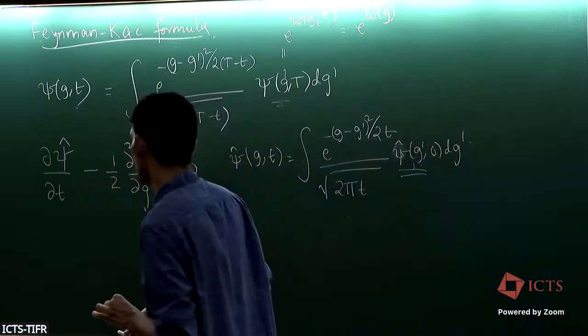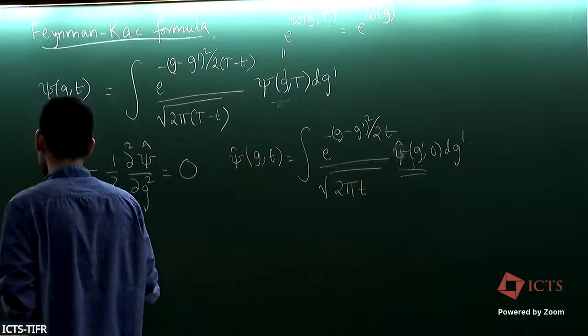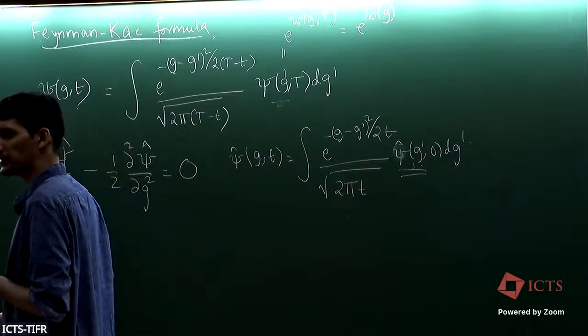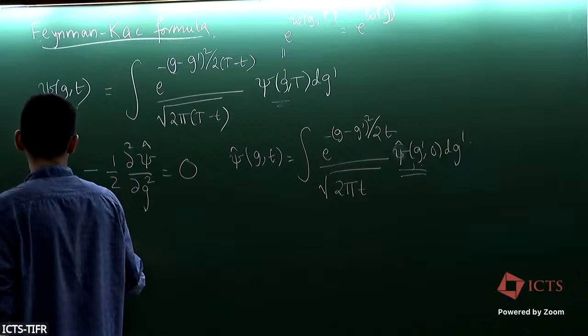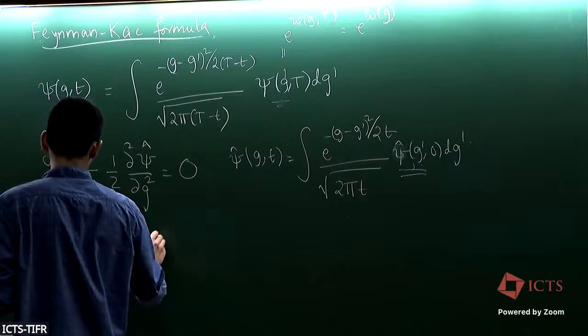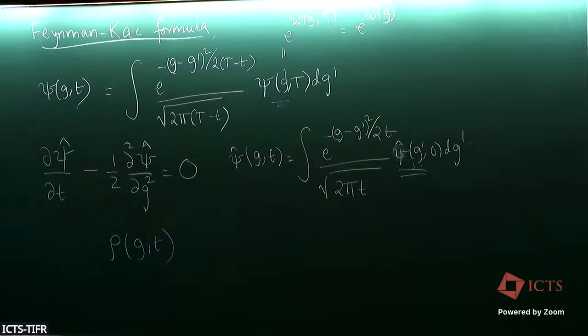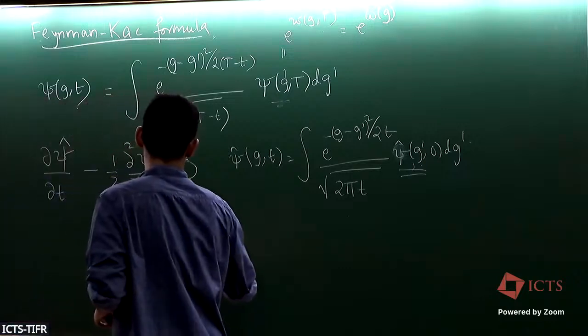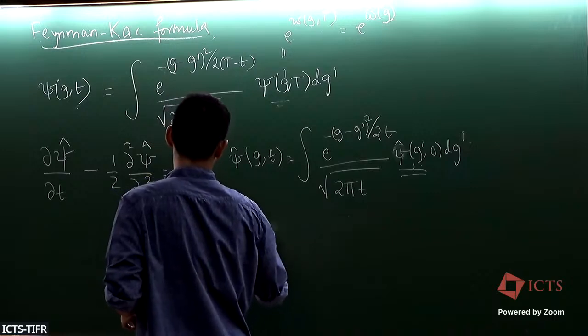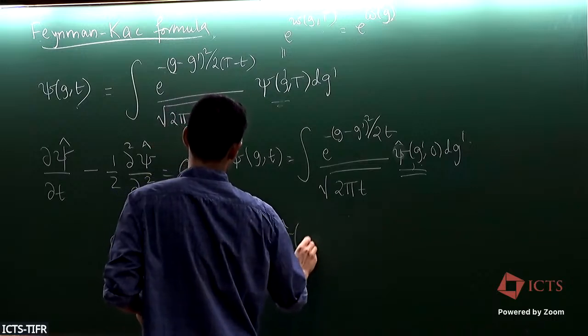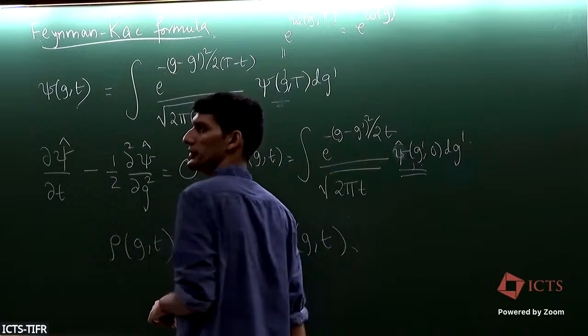Schrödinger realized that under the optimal control, the density of the process, rho g t, basically the thing that satisfies this Fokker-Planck equation over here, is simply psi g t times psi hat g t.